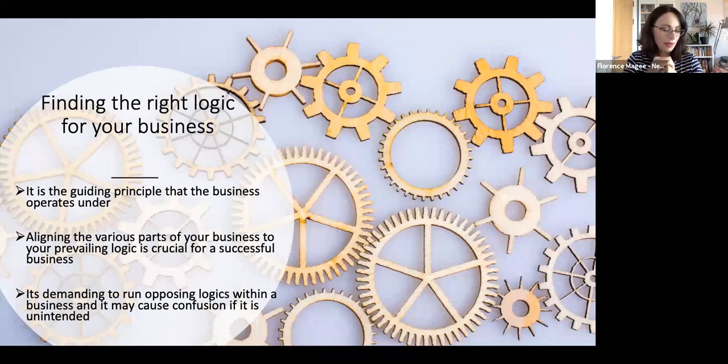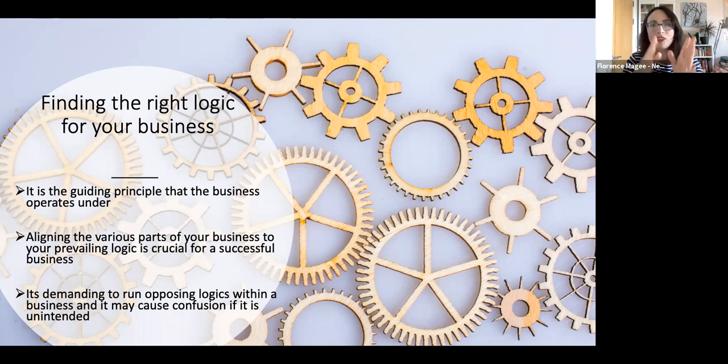Okay. Finally, I'm going to talk about a business logic. So business logic is the guiding principle that's under your business. And it's not something that's really talked about a lot, but you'll see how it works with my examples. It's important to align everything you do in your business with that logic. And it can be the work of a lifetime to do it properly.